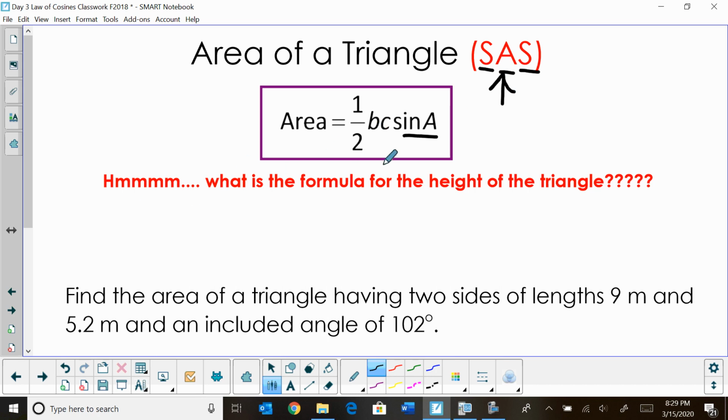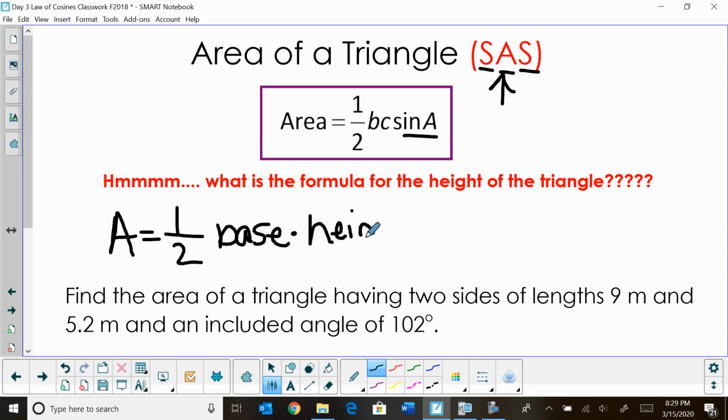Now, I want you to think for a second. You've always learned that area is equal to 1/2 the base of the triangle times the height. Now, I want you to think about how you find the height of a triangle.